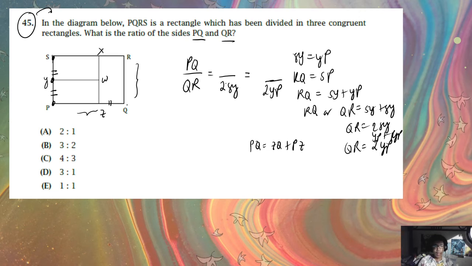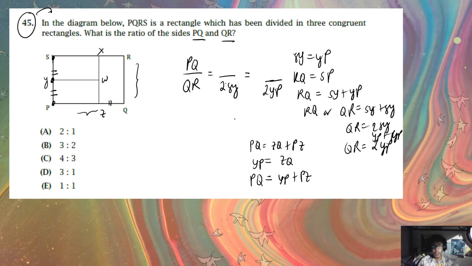We also know that YP is equal to ZQ, so they're both equal to each other. If YP is equal to ZQ, then we can say that PQ is equal to YP plus PZ.